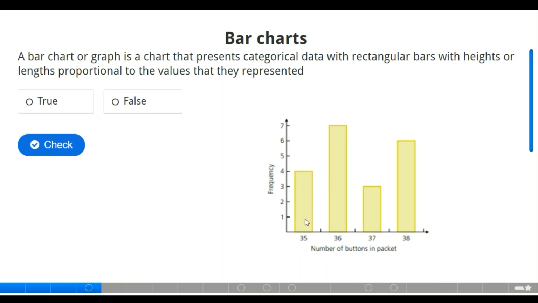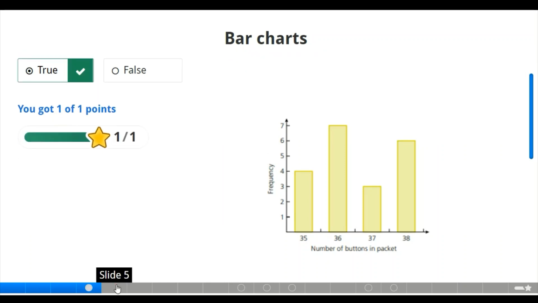So if you look at this illustration here, 35 has 4 packets, 36 has 7 packets, from our previous information 37 has 3 packets, and 38 has 6 packets. So this is just to denote the definition of a bar chart. Okay.